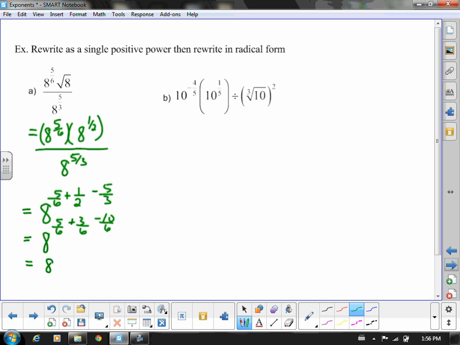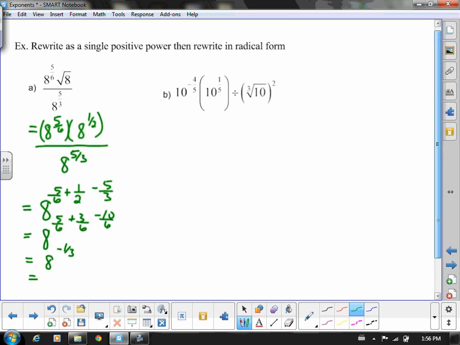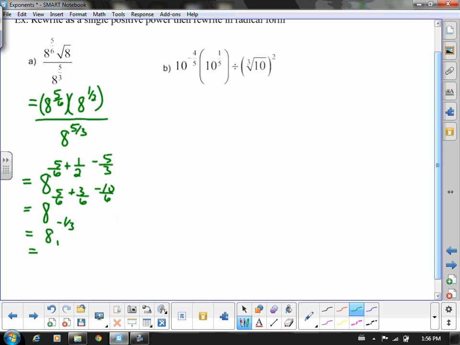So we end up with 8 to the power of negative 1 over 3, which will give us 1 over 8 to the 1 over 3, which becomes 1 over the cube root of 8, which equals 1 over 2. So again, take it step by step, work with the rules that you know, and then it'll simplify.